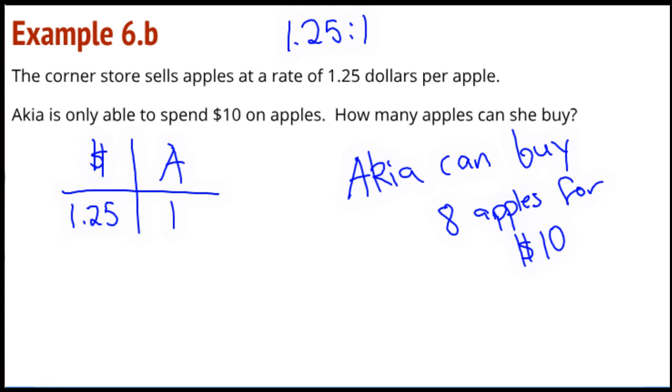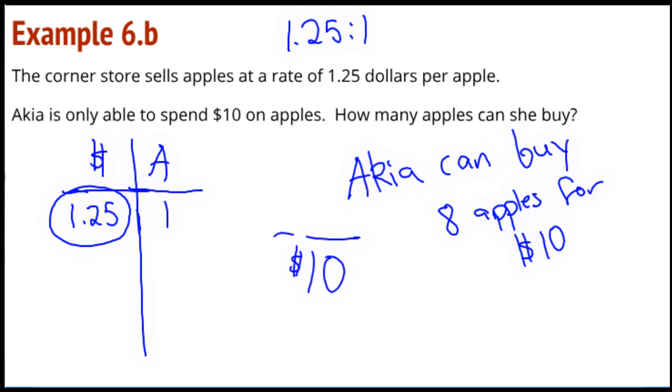Now I also could have gone straight to the 8 apples. Because I have this value of 1 for the apples, and I know, oh, let me step back there. Try and say this a different way. I know that the ratio of dollars to apples is $1.25, and I want to find out how far the $10 goes. So I could take the $10 and I could divide it by $1.25 and see how far things go.